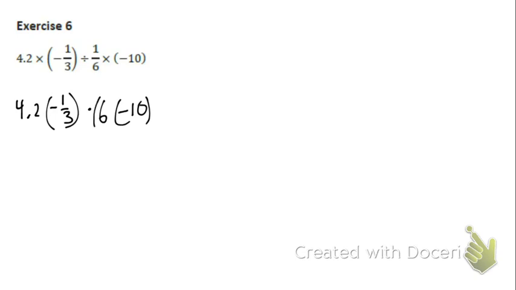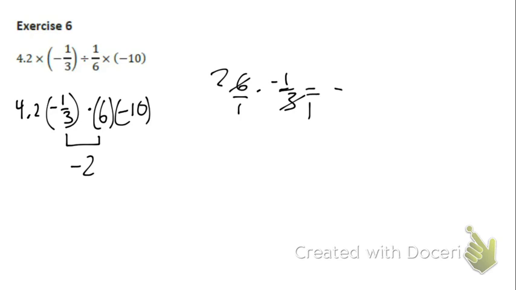Here, what I want to do, I want to multiply these two, right? Because right here, we're basically doing 6 divided by negative 3. So we get negative 2. If you want to check that on the side, let's do that as well. Cross cancel, negative 2. Again, we don't have to do that, right? Based off what I told you guys earlier, we should be able to get that in our head. Then times negative 10, times 4.2.